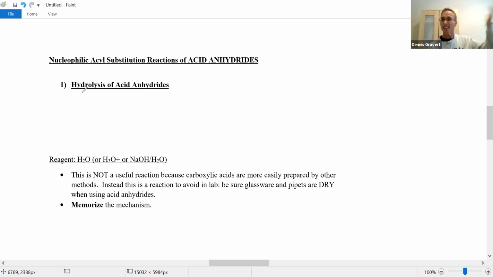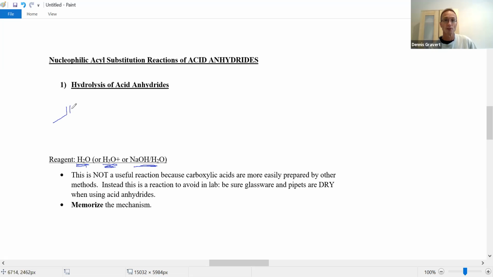Okay, so let's take them in the same order we saw acid chlorides. First one we did was hydrolyze the acid chloride. So you can hydrolyze the anhydride. Turns out anhydrides are reactive enough to just react with water, although it is slower. So in the lab, if you want to speed it up, it's a good idea to either use an acid or a base catalyst.